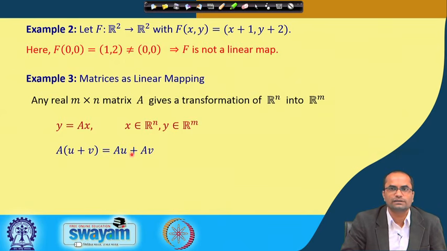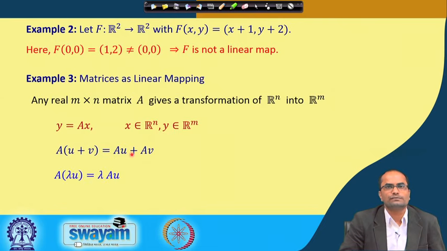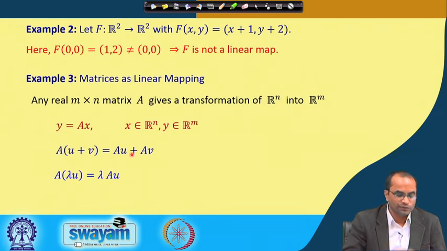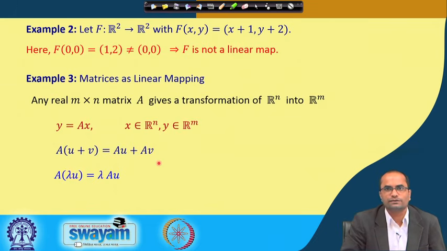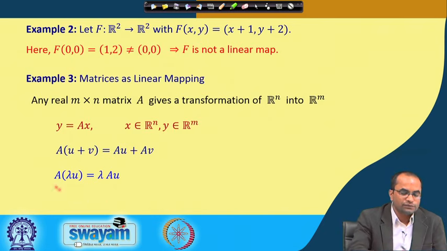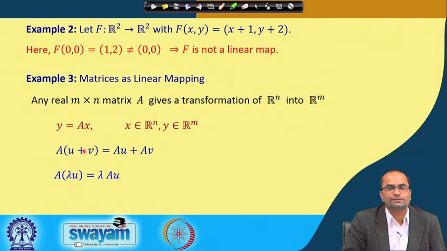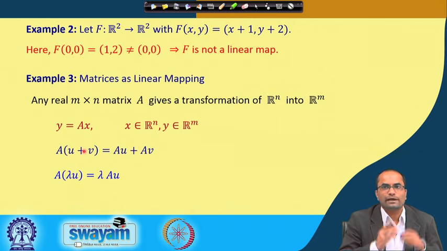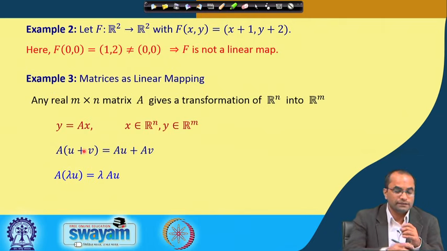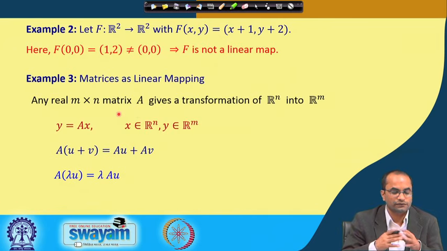This is one of the properties which must be satisfied for the linear map. And the second one, that A times lambda u should be equal to lambda times A u, and that is another property of the matrix which we can easily verify if we want. So, both the properties of the linear mapping are satisfied for a matrix of order m cross n. So, every m cross n matrix maps, and the entries of these matrices are real, of course.